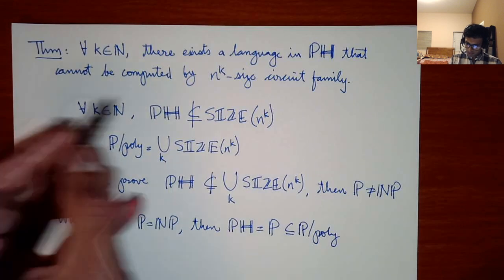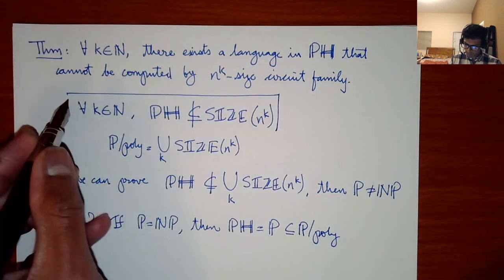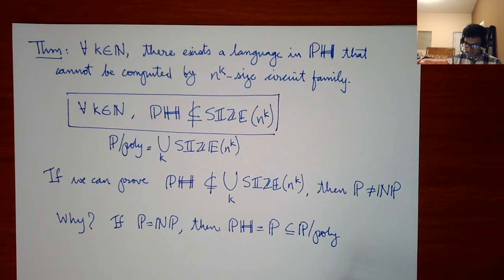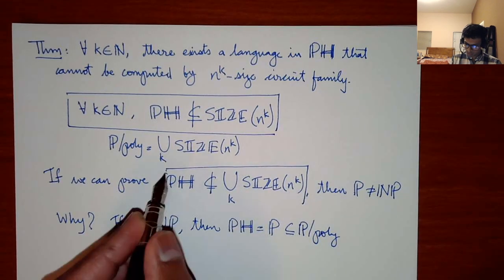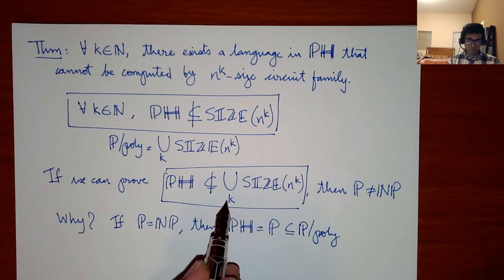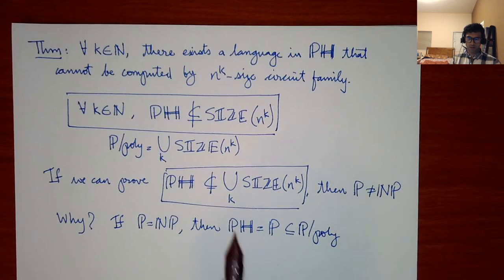So we already know how to prove this. And the million-dollar question is whether we can prove the other direction. Because if we prove that PH is not in P/poly, then we prove that P is not equal to NP.